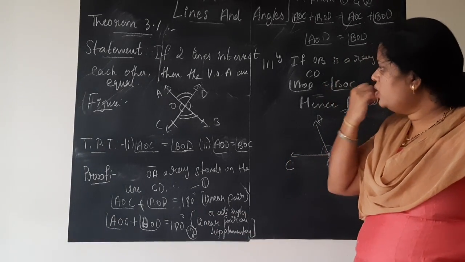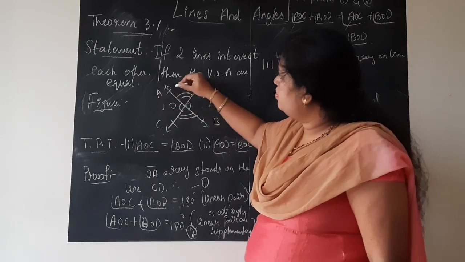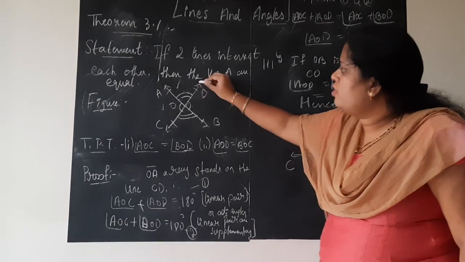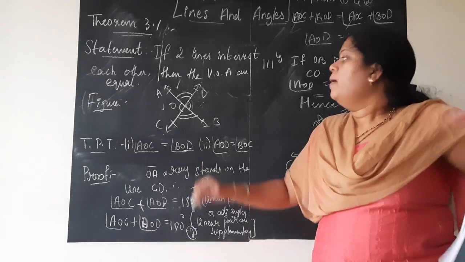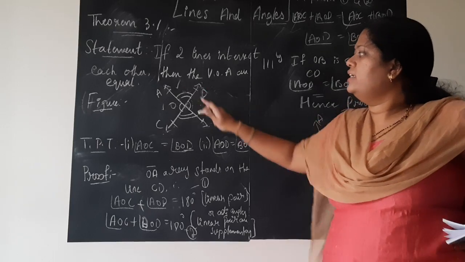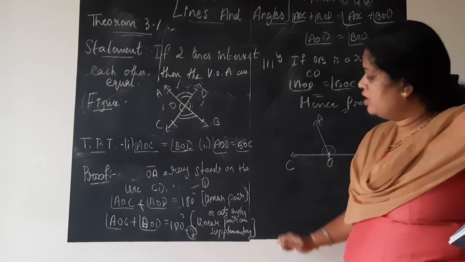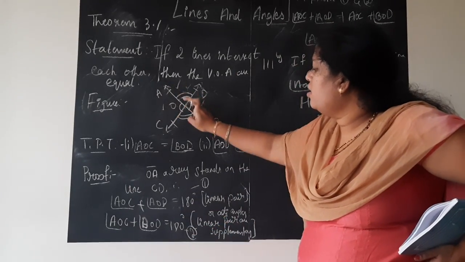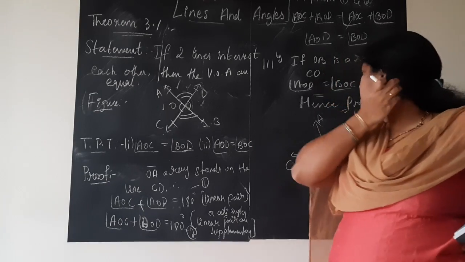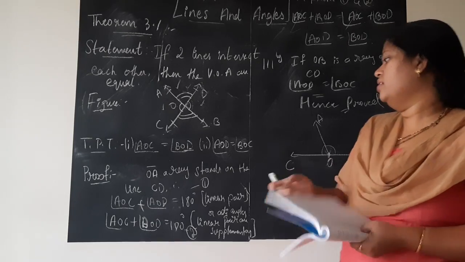Now we proved angle AOC plus angle AOD is 180 degrees, but that is not our aim. We want angle BOD. But angle AOD and angle BOD, or DOB, are an adjacent pair of angles. Sorry, I made a mistake.